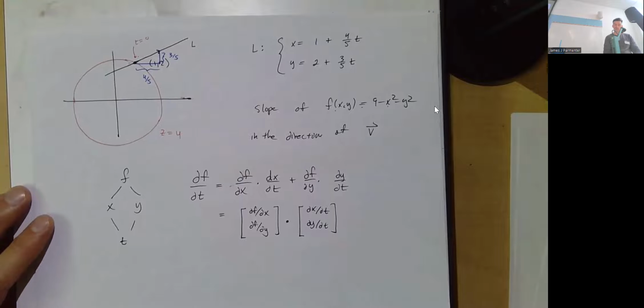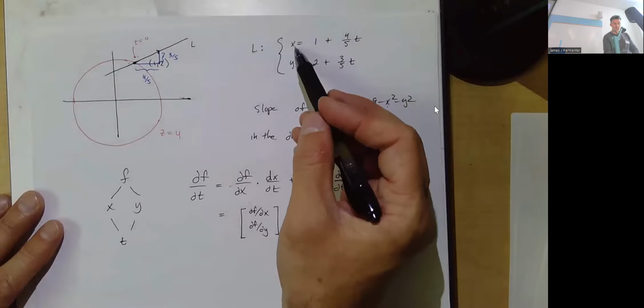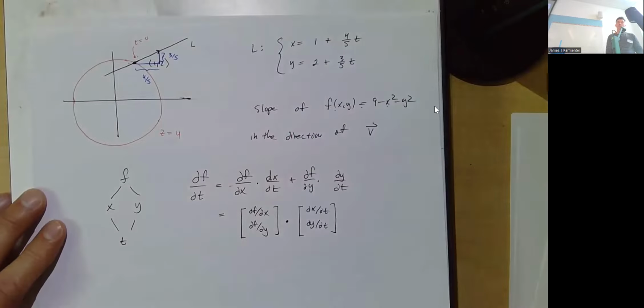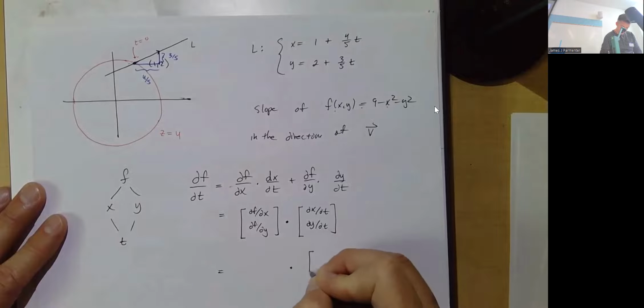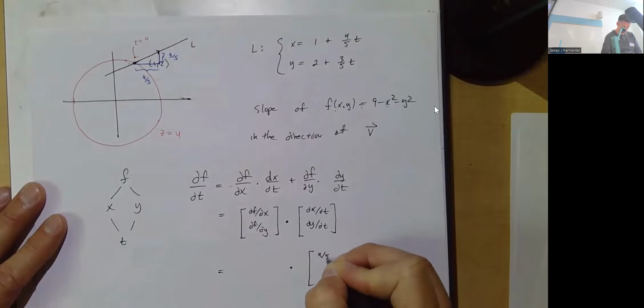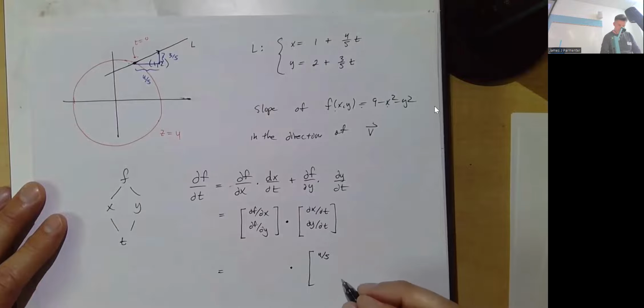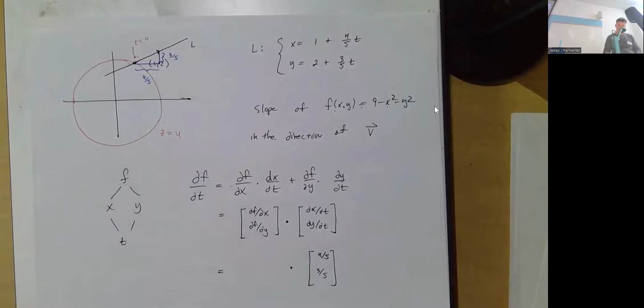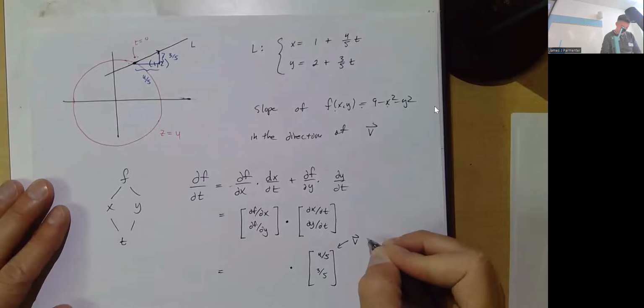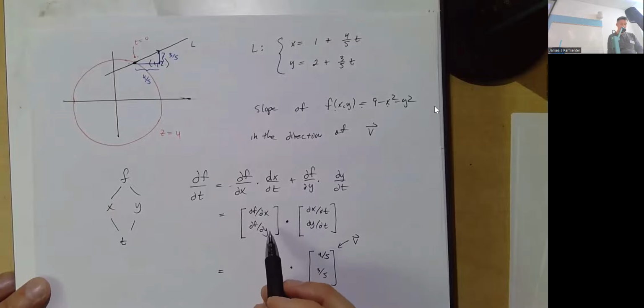But look, if x is equal to 1 plus 4/5 t, what's dx dt equal to? What's the derivative of 1 plus 4/5 t? Yeah. So this is equal to the second vector, the first component is 4/5, and the second component is 3/5. That's just my vector v, right? I said v was the vector 4/5, 3/5. So that's just v. And the partial of f with respect to x and the partial of f with respect to y is the gradient of f.